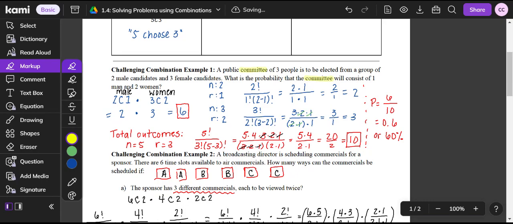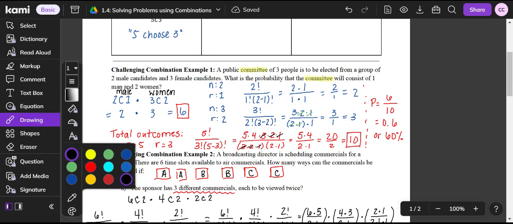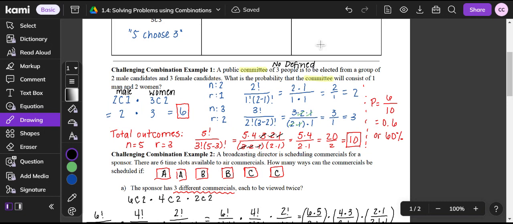Anytime there's a committee with no defined roles, it does not say chairman, it does not say senator, president, whatever. Anytime there's just a general committee with no roles, it does not matter the order in which you select people. So this is a combination problem.